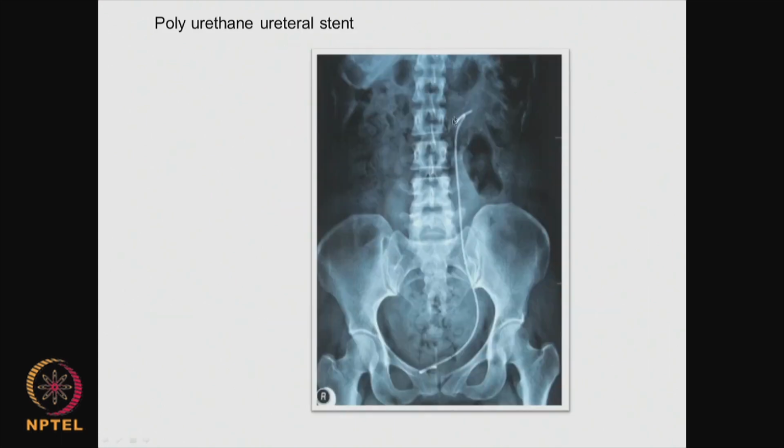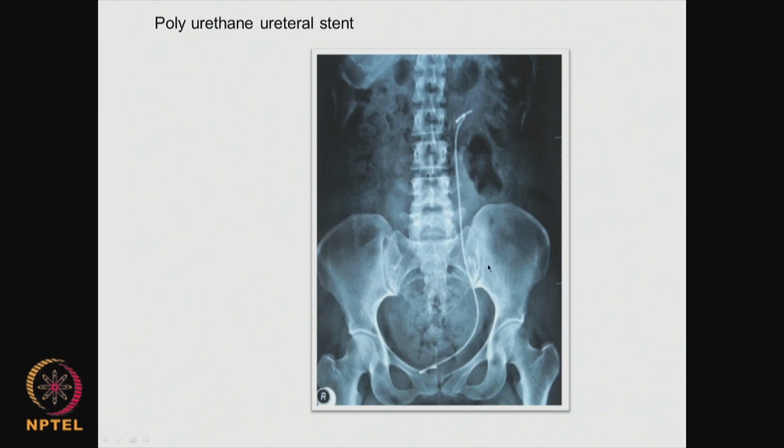Now, look at this, this is a polyurethane ureteral stent. Okay. So, this is called a ureteral stent. It is placed inside the ureter region which connects the kidney and the bladder, so the urine flows nicely down.